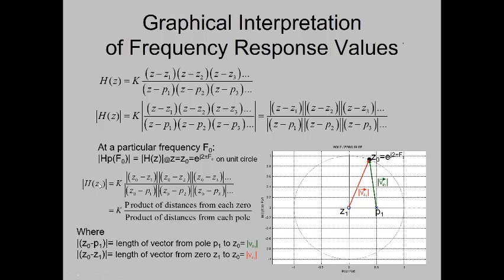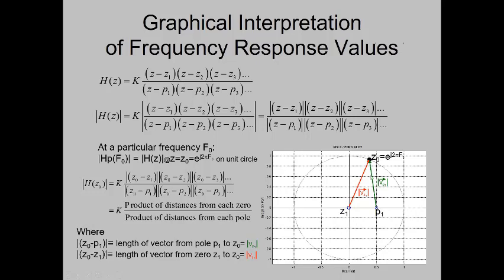This quantity then gives me the magnitude response of the system at this z position, which is the magnitude of the frequency response at frequency f0. It is given by k, if there's a multiplier out in front, times the product of all the vector distances from all of the zeros to the point we're operating at, divided by the product of all the vectors from all the poles to that same point.